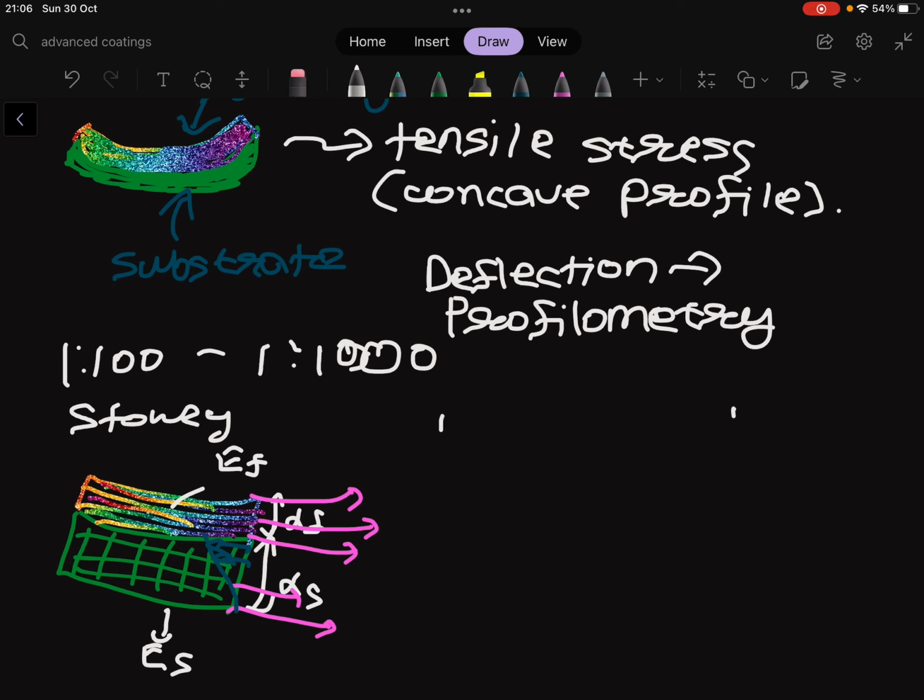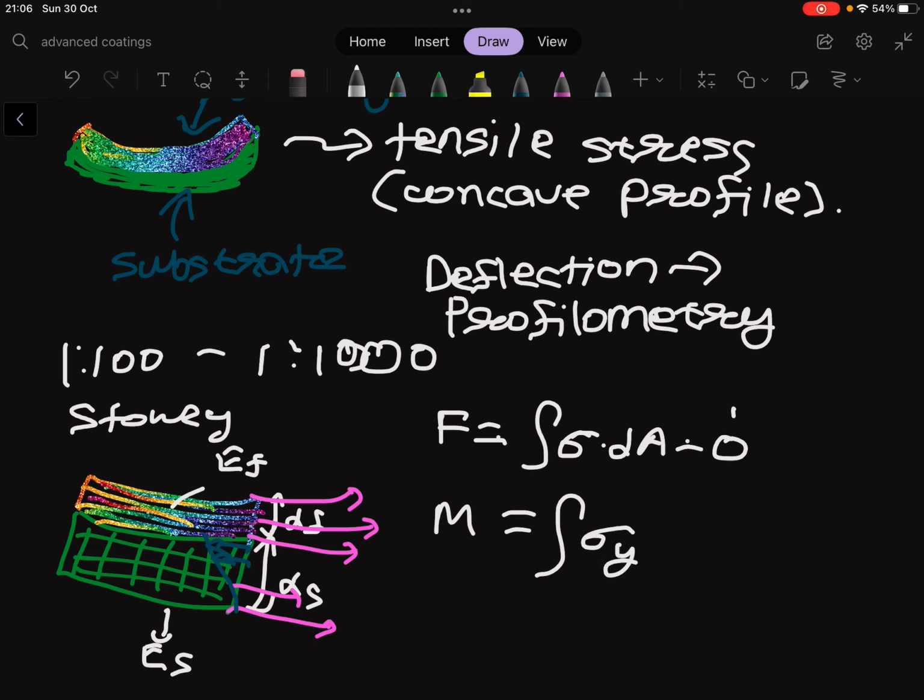That is, force is equal to the integration of sigma dA equal to 0, and the moment M is equal to the integration of sigma y dA equal to 0.